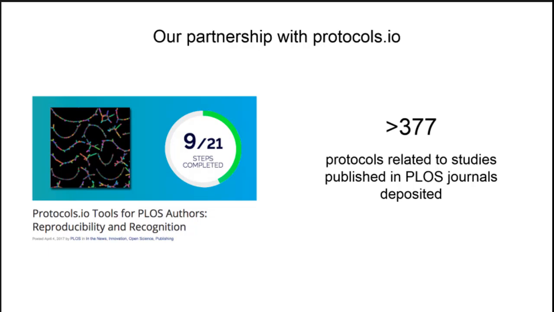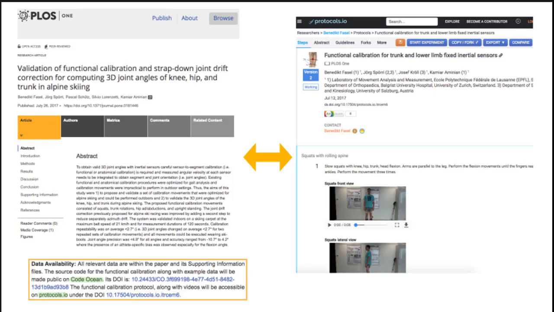So far, in the last year, close to 400 of these protocols have been submitted. And the way that it works is, if you can see that, on the left is the article in PLOS One, and it has a data availability statement in the same way that we ask for this in the data sharing.